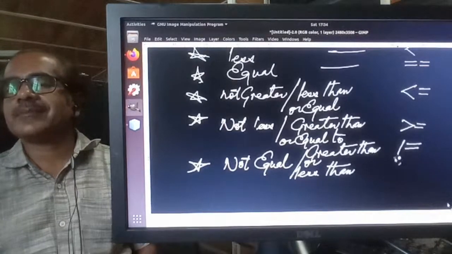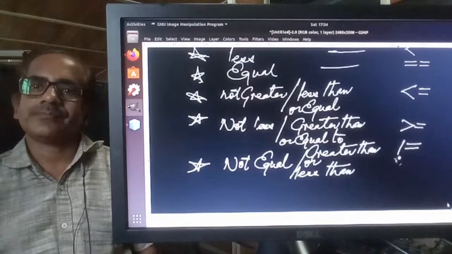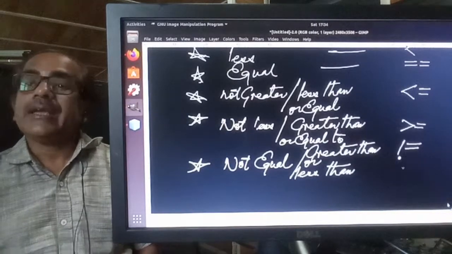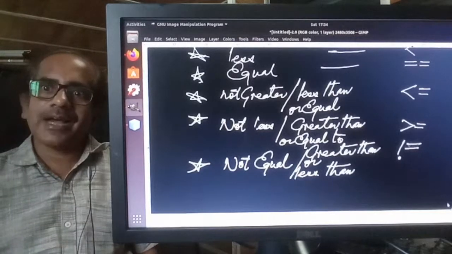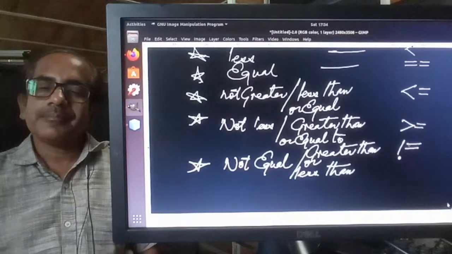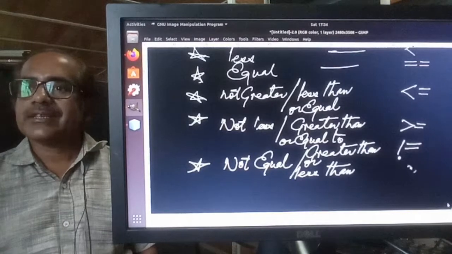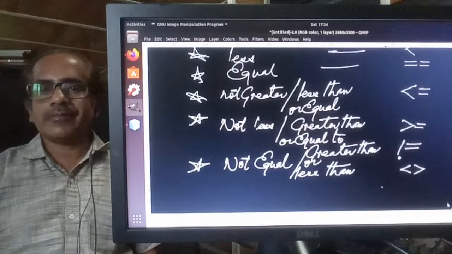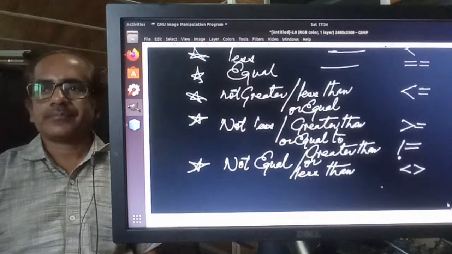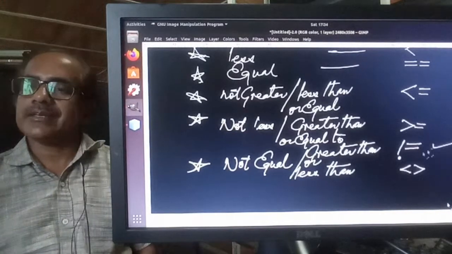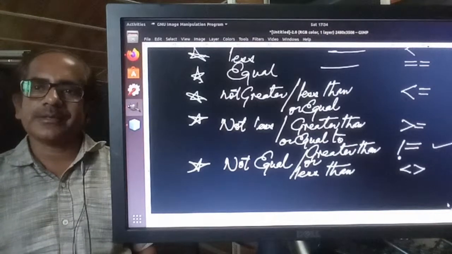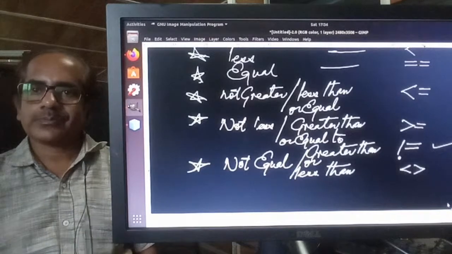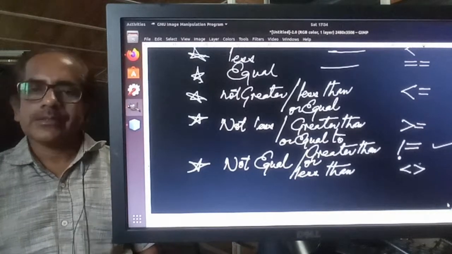This is the symbol of not, exclamation. In Java I am mentioning this, but in some computer languages this symbol is also applicable, but in Java this is not valid. In Java this is valid. In some other languages you find the operator like this also. Just wait a moment.